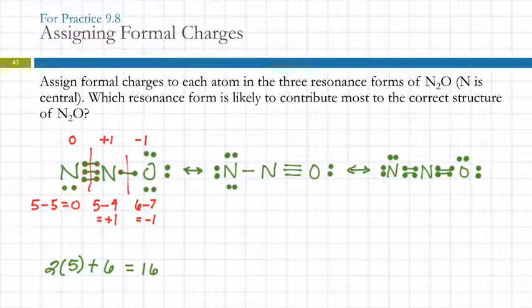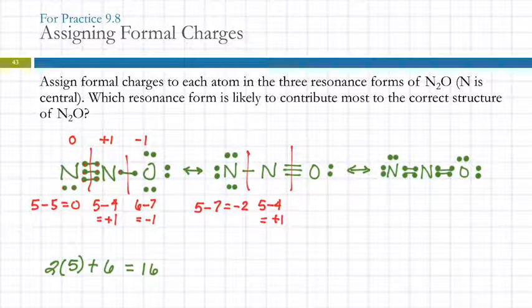Okay, let's do this next one. Cut them in half here. Nitrogen brings 5, because that's how many valence electrons it has. And here it's leaving with how many? 7. So that's negative 2. And the nitrogen in the middle brought 5 and leaves with 4. So that's positive 1.